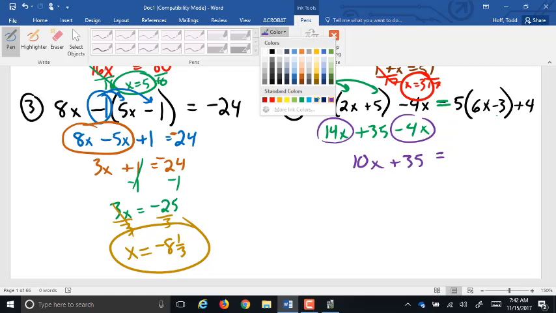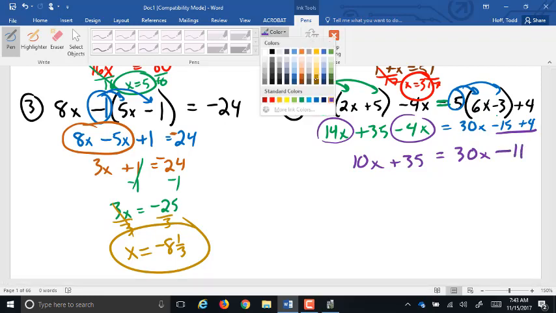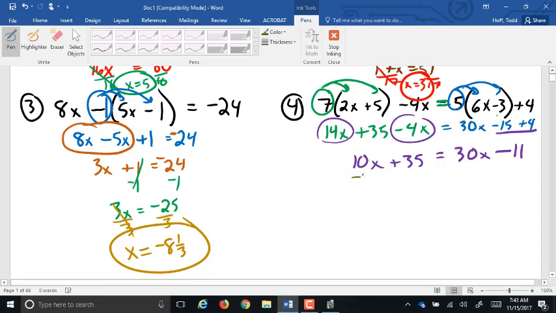On the other side, we got parentheses there too. So we'll start with those. 5 times 6x, 30x. 5 times negative 3, negative 15, and the positive 4. So what can we combine there yet? Okay, so the 30x won't change. Negative 15 and positive 4 makes negative 11. And then, so we get rid of the smaller of the x's, the 10x.